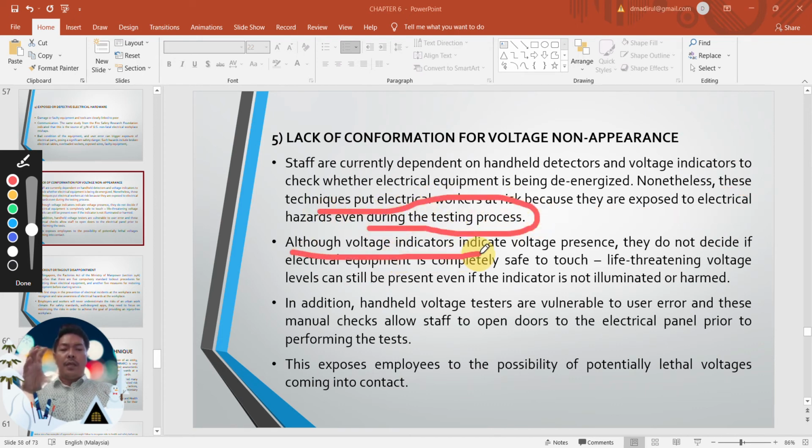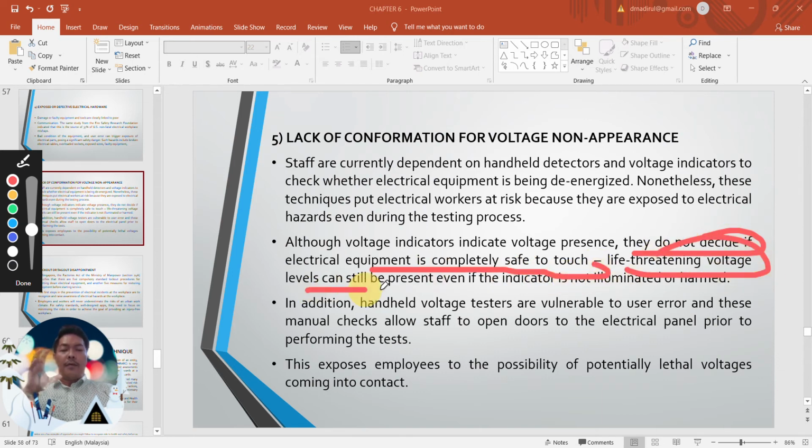Although voltage indicators indicate voltage presence, they do not decide if electrical equipment is completely safe to touch. Life-threatening voltage levels can still be present even if the indicator is not illuminated.